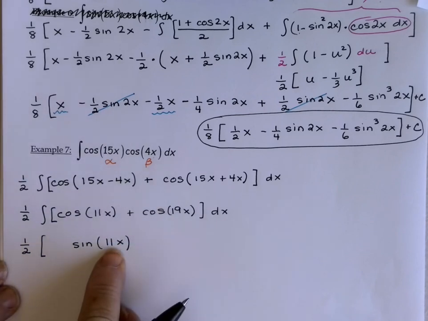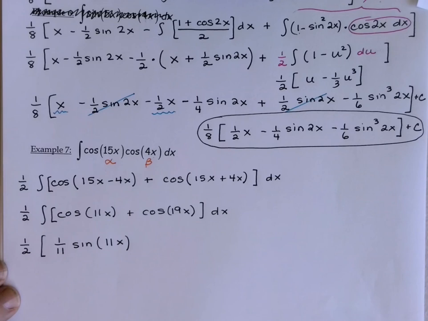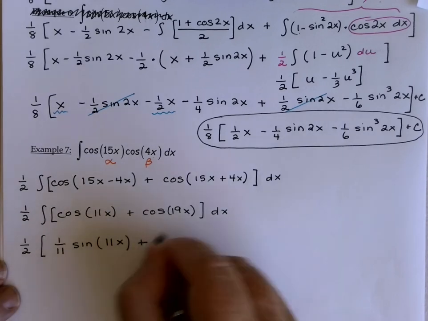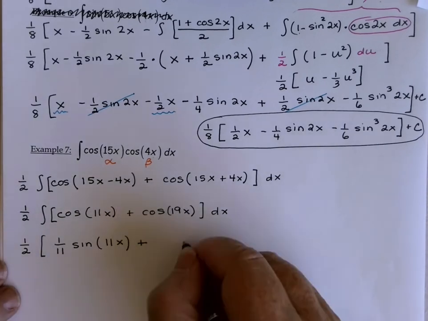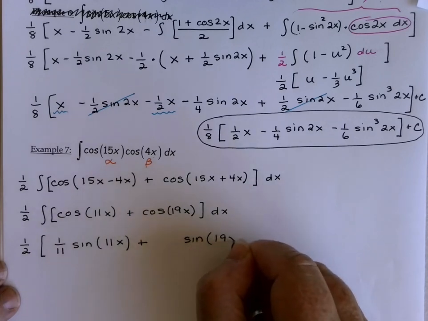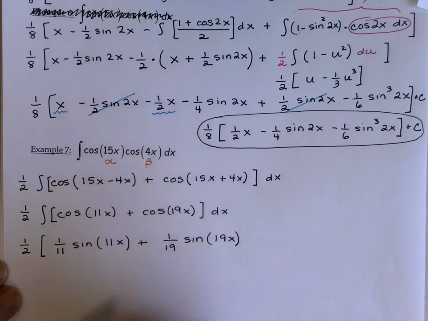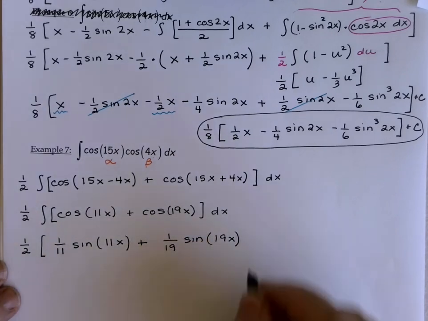But when the u was 11x, the derivative would have been 11, and we would have ended up dividing that to get it over to the other side. So I'll have a 1/11. And same exact argument here. We've got the integral of cosine 19x, which would be sine 19x. But part of that little u substitution would have been a 1/19 on the du.